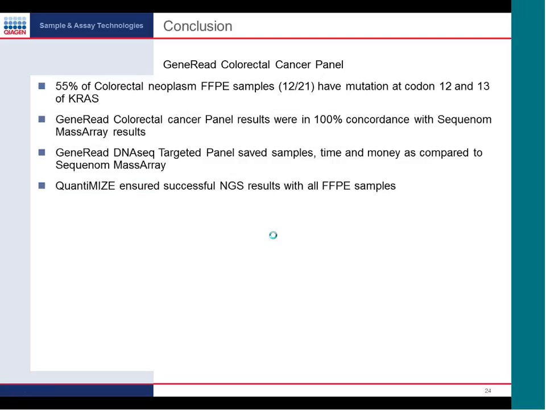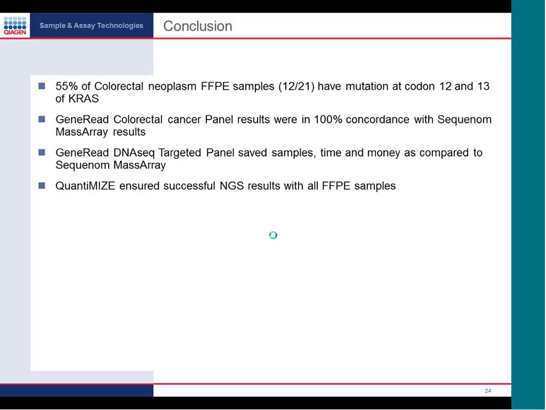So just to quickly summarize this whole thing, this case study shows that 55% of colorectal neoplasm FFPE samples have a mutation at codon 12 and 13, and the results from the GeneRead colorectal cancer panel were in 100% concordance with the sequenom MassARRAY results.